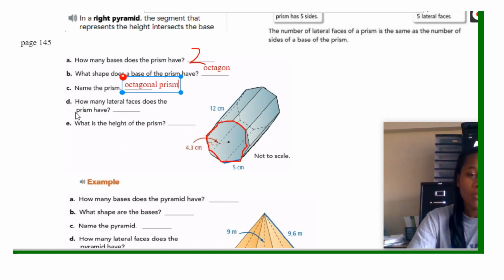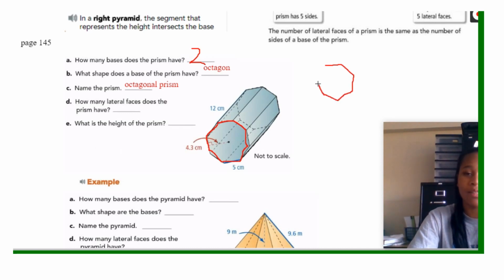Letter D. How many lateral faces does the prism have? Since the base has a total of 8 edges, here's my base: 1, 2, 3, 4, 5, 6, 7, 8. You need a lateral face to connect to each edge of the base.